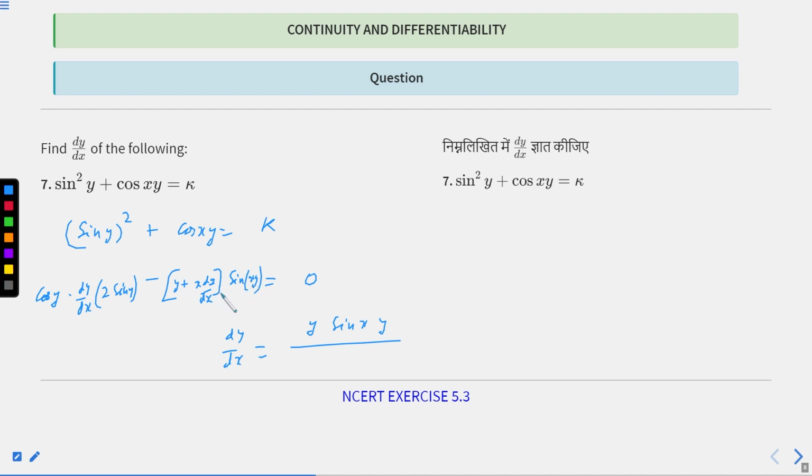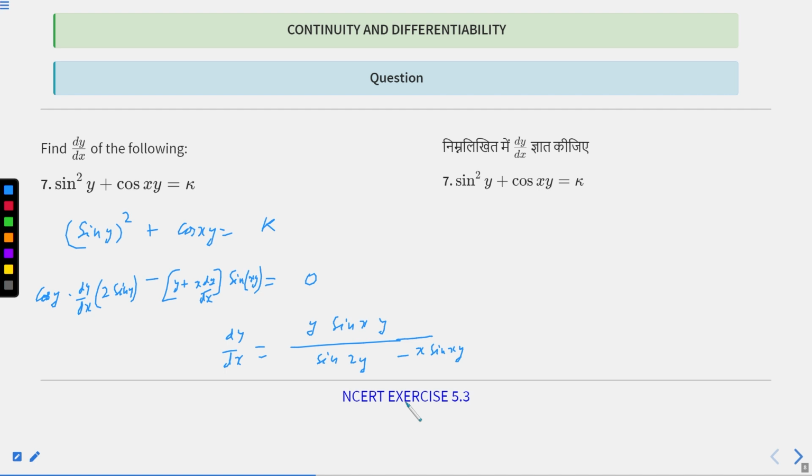Now this will be 2 sine y cos y minus x sine xy, and 2 sine y cos y becomes sine of 2y, as sine 2 theta is 2 sine theta cos theta. So this will be your final answer for this problem 7.